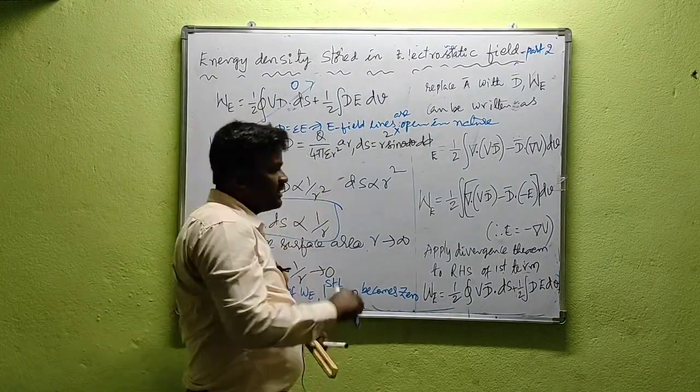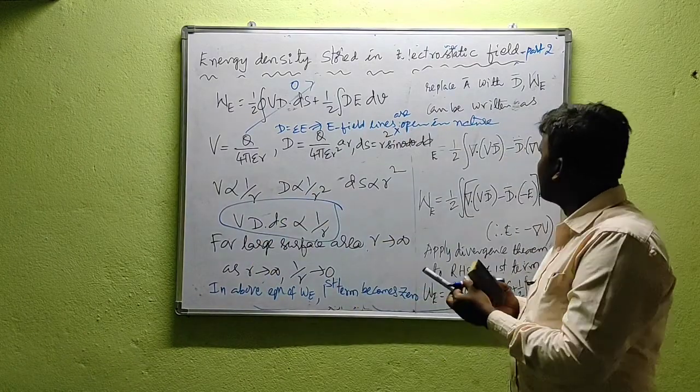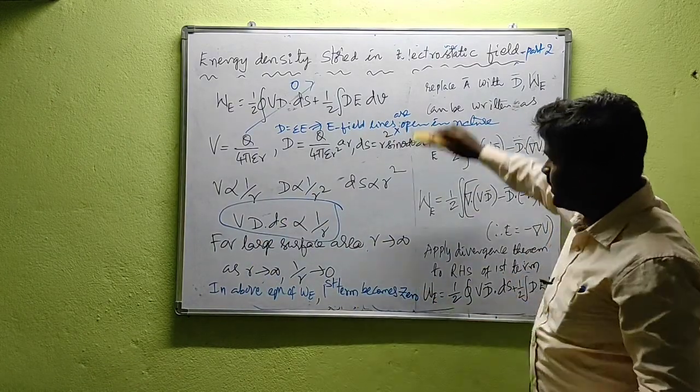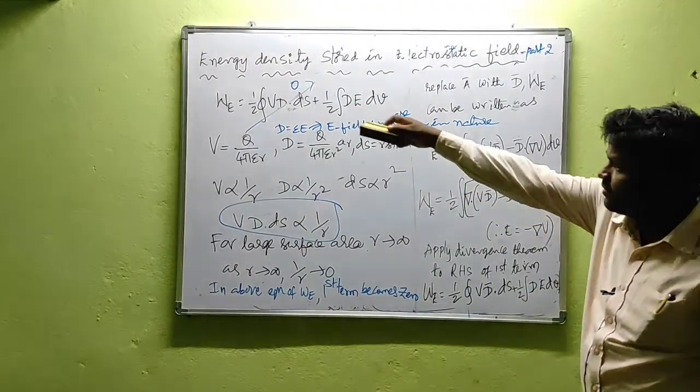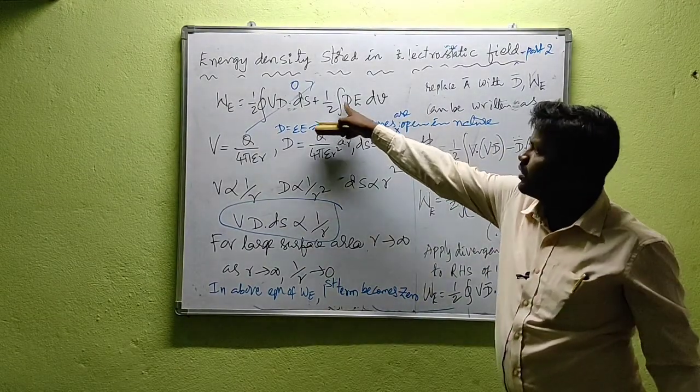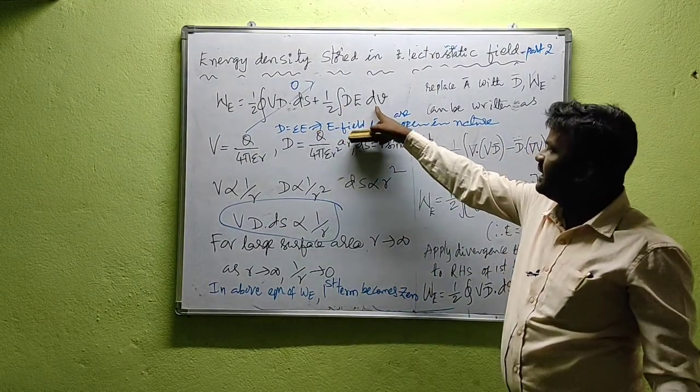We have We. Therefore, note down all these things. We is equal to 1 by 2 integral D dot E into dV.